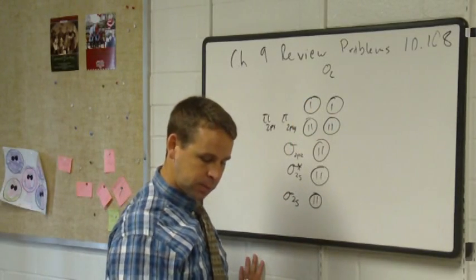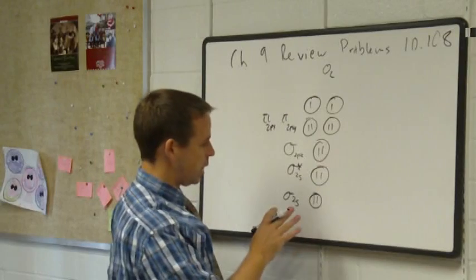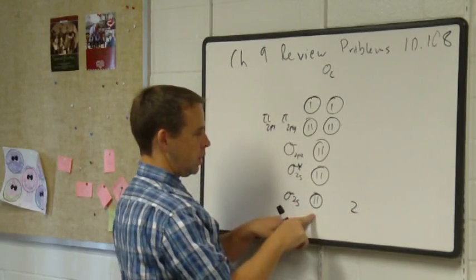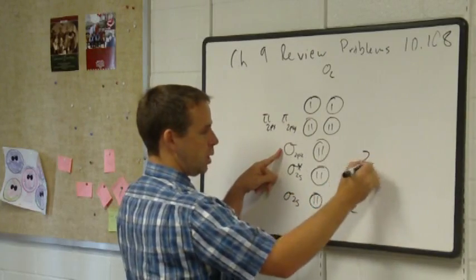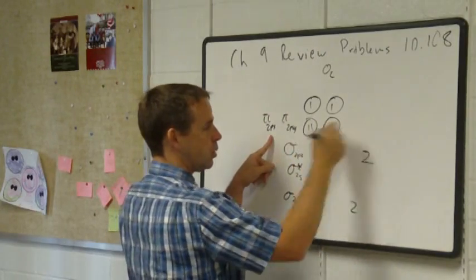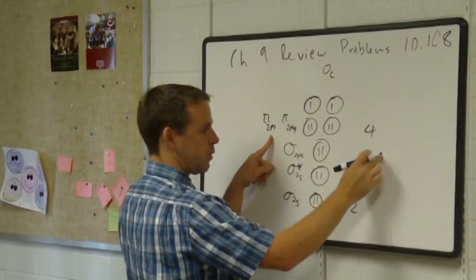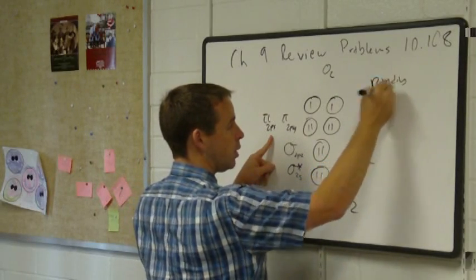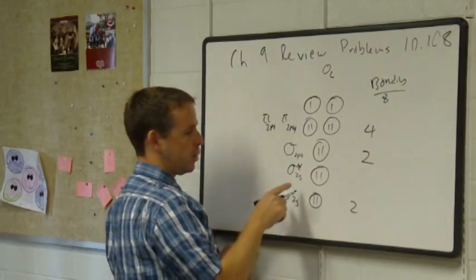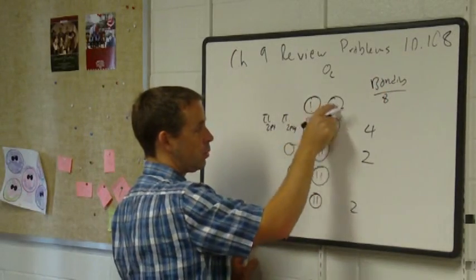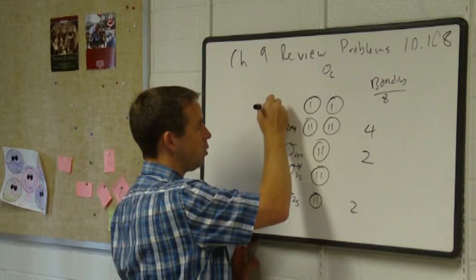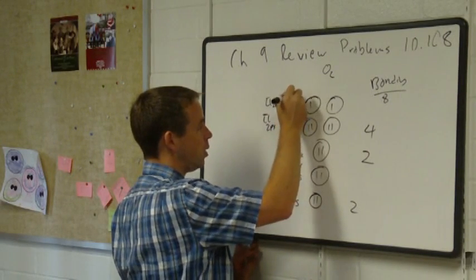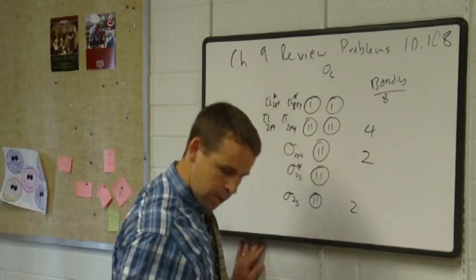That's O2. And then what we do here is we count all the ones that are in bonding orbitals. These are 2 in bonding here. Here's 2 more in bonding. And here's 4 more in bonding. So we have 4, 5, 6, 7, 8. These are the bonding. We have 8 bonding. And then we count how many are anti-bonding. 1, 2, 3, 4. These are the pi 2px and pi 2py anti-bonding. The anti-bonding get the star, right?